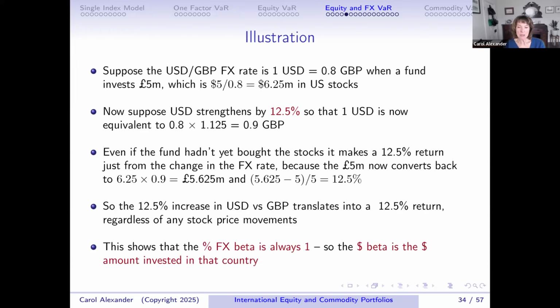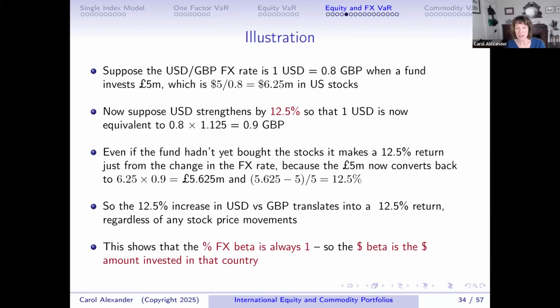And what's the return it makes? Well, it's 5.625 minus 5 over 5, which is 12.5%. So that is matched 1 for 1. If the US strengthens by a certain amount, then the return the fund makes is exactly that amount.